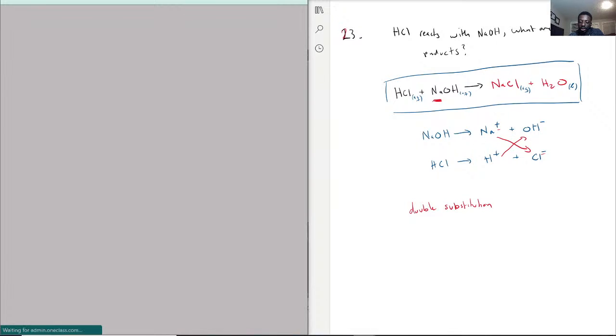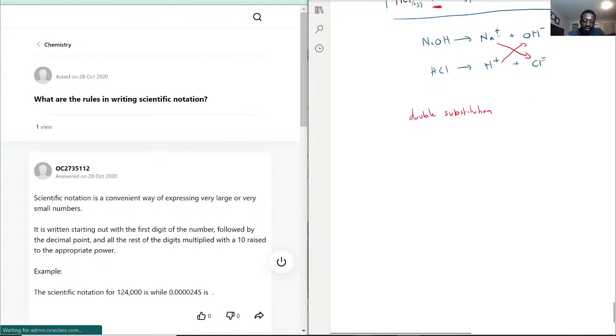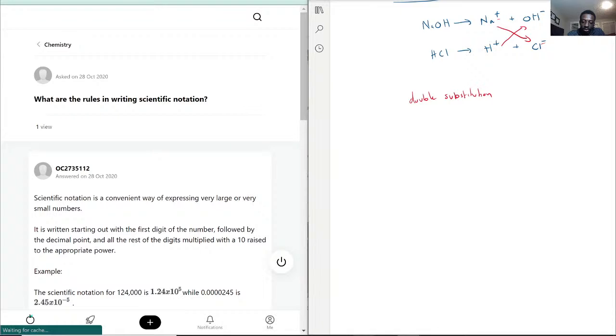So let's go on to question 24. What are the rules of scientific notation? The best way to explain the rules is by providing examples.